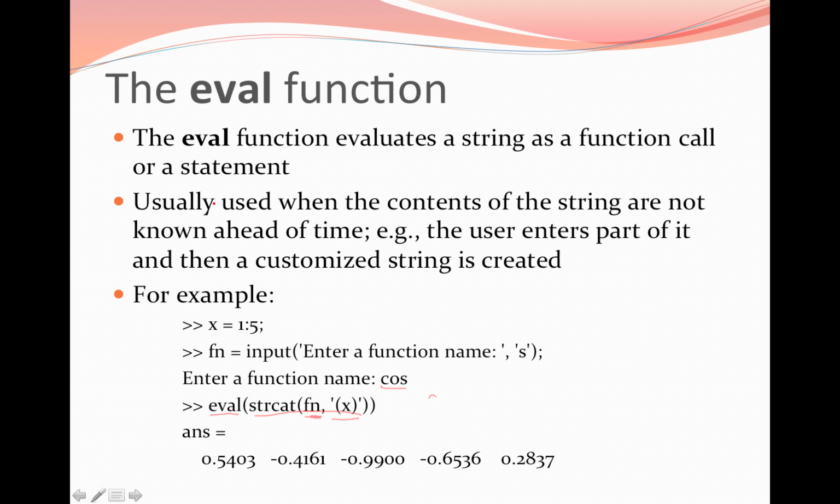So in other words, what I'm doing is I'm creating a string that has my string COS and concatenating that with parentheses x. So I've created a string that has cosine of x, and then I pass that to the eval function, and it evaluates it as simply an expression, cosine of x. So it's going to give me the cosine of every element in my vector x.